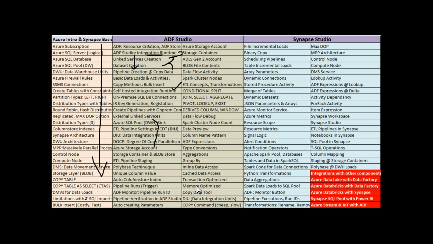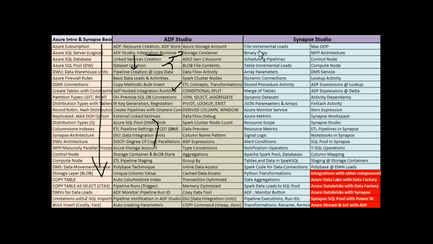There you get memory optimized, whereas in data flow, you have memory optimized and transaction optimized. I repeat, Spark Pool has only memory optimized. Data flow has memory optimized and transaction optimized. These items are in your data flow document also. Initially we learned about copy data, DIU, copy command, then Synapse Studio.